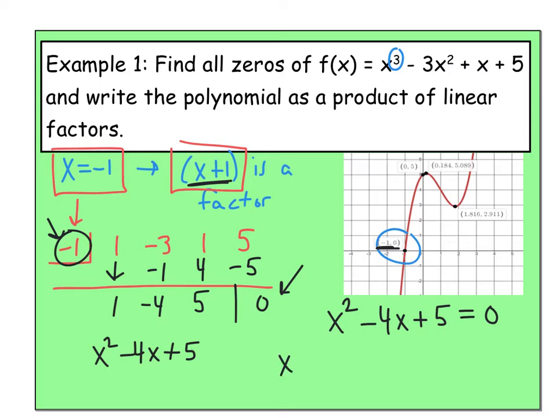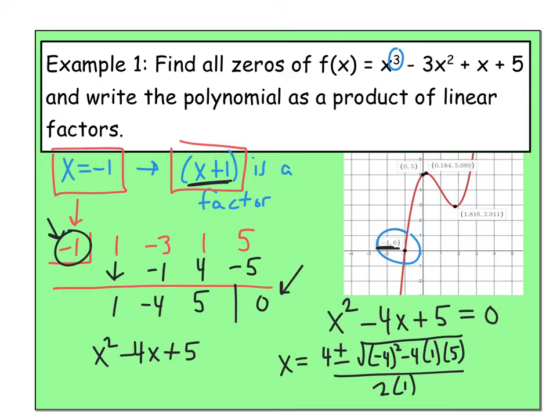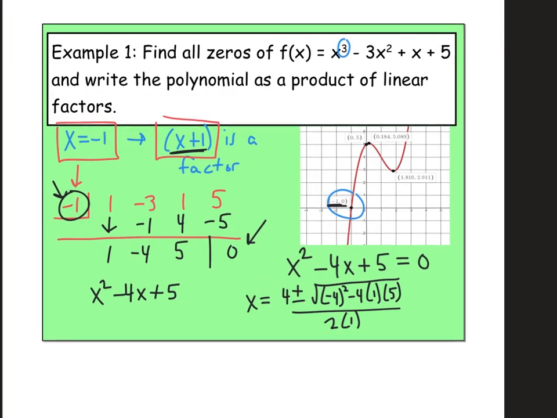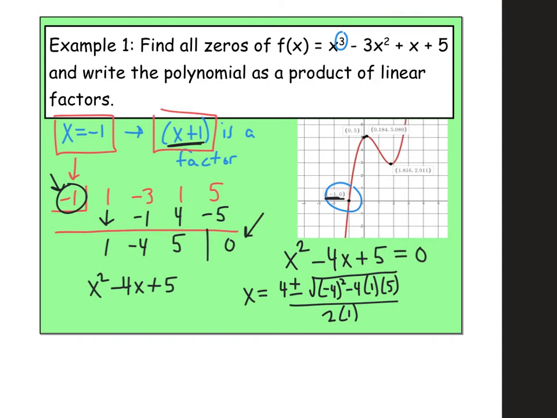All right, so the quadratic formula is going to say x is going to be the opposite of b, plus or minus the square root of b squared minus 4 times a times c, all over 2a. All right, we should be able to simplify that some. Let's see what we can do there. 4 plus and minus, so underneath we have 16 minus 20, so negative 4, all over 2.